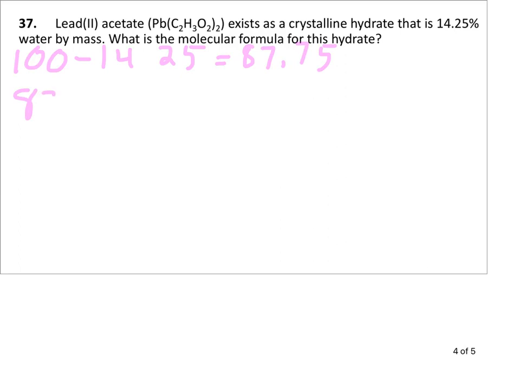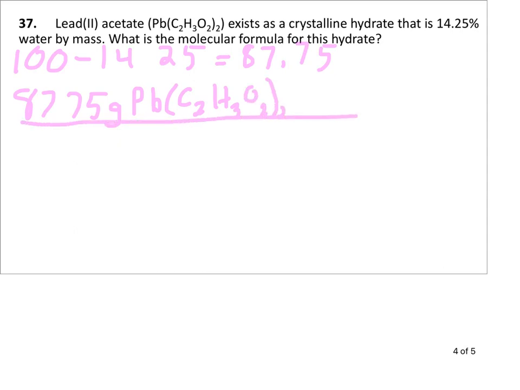So we have 87.75 grams of the lead acetate. We want to change that into moles, and I know 1 mole is, we calculate, looking at our periodic table, doing all the calculations, 325.2874.